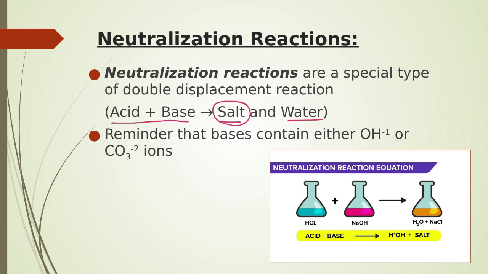A salt is just the term used for an ionic compound, but specifically that compound is generated through a neutralization reaction. That's where the word comes from. So a reminder, we spent some time looking at acid nomenclature, but just a reminder that bases are going to contain either a hydroxide ion or a carbonate ion. So just a reminder about that as we go through and we see some of these reactions.